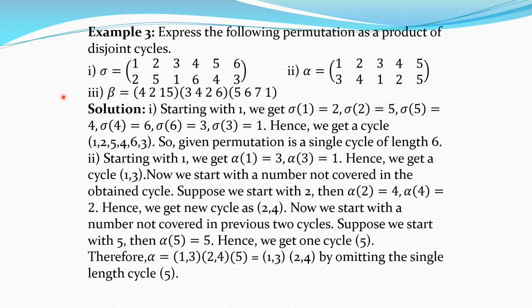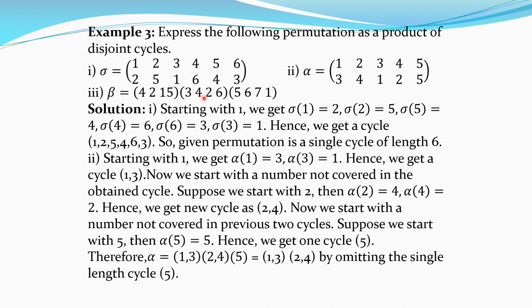Now the third is already written in cycle form, but it is not in disjoint cycle form, because if you observe the first and second cycles, 4 is common, 2 is common. So what we will do: first we write beta as a composition in array form. We find that composition and then we express it in cycle form.